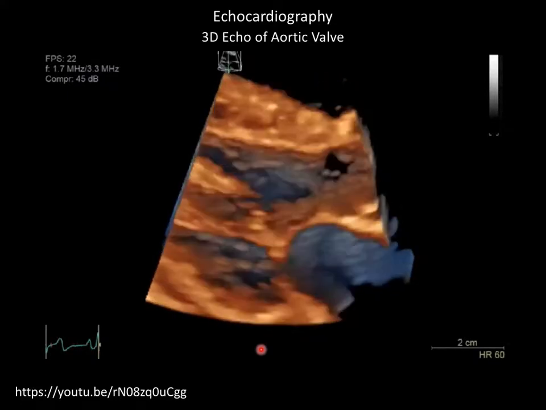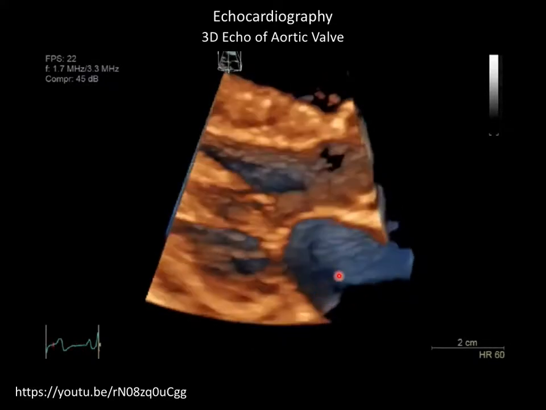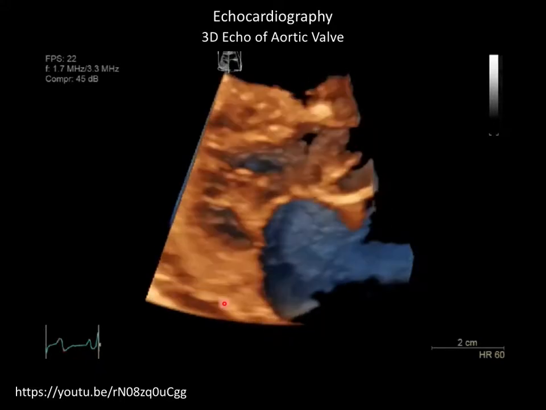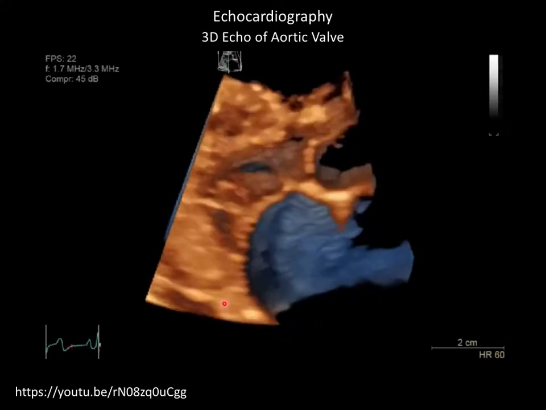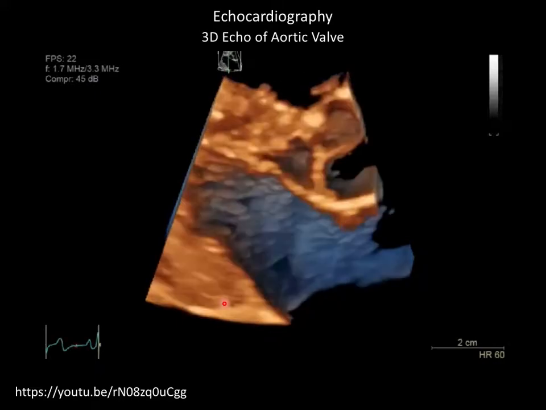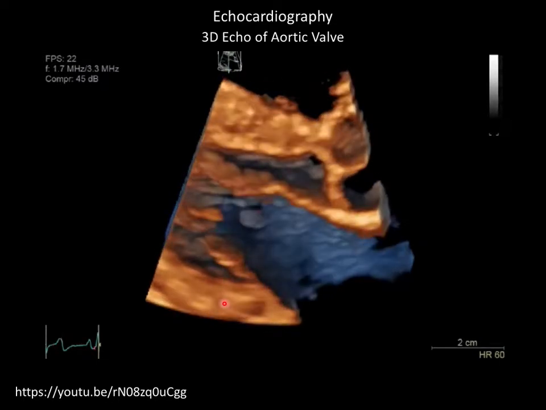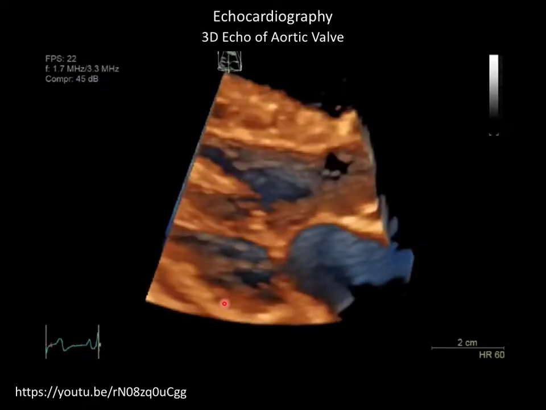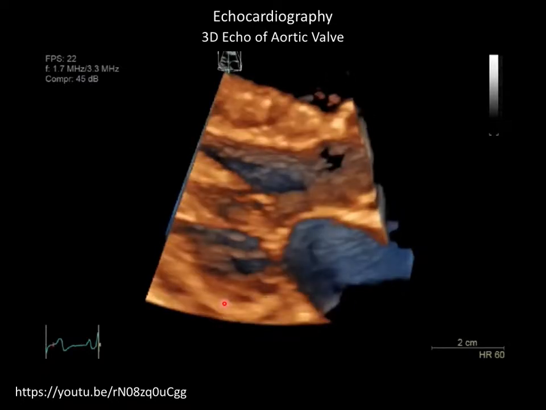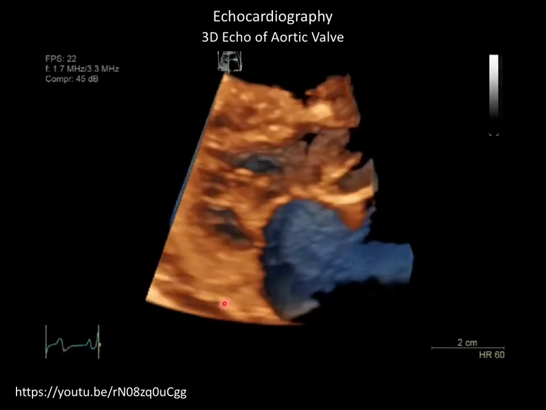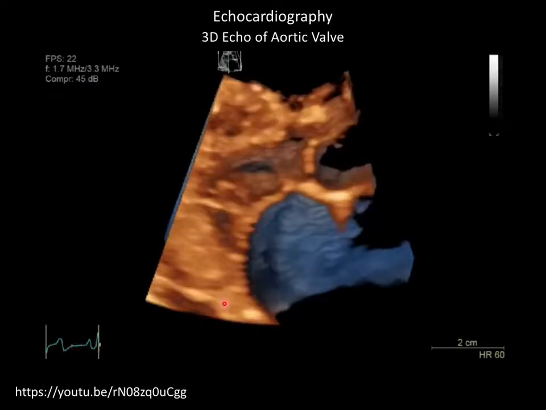If you want to make a 3D volume like this with relatively high resolution, a number of systems require that you do that data collection over a set of beats, maybe 3 beats or 4 beats, because you can't scan the entire heart inside the time resolution you would like to play your movie.